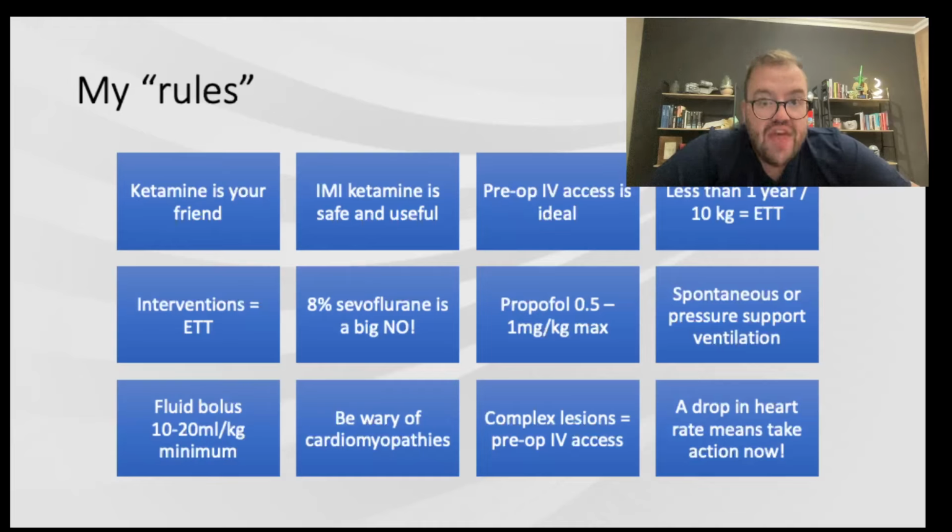I give all of them a fluid bolus of a minimum 10 to 20 mils per kilogram. It makes a huge difference. Be wary of underlying cardiomyopathies. Children with a dilated cardiomyopathy are sick, and I always put them with Dobutrex on the line, ready to go, and ephedrine and adrenaline boluses drawn up.